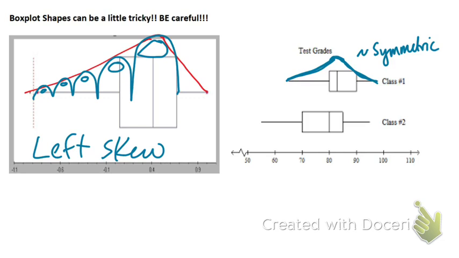How about class 2? This one has a slight left skew. It's just a little skewed. If you told me that one was approximately symmetric, I probably would say okay. But probably slightly left skewed.